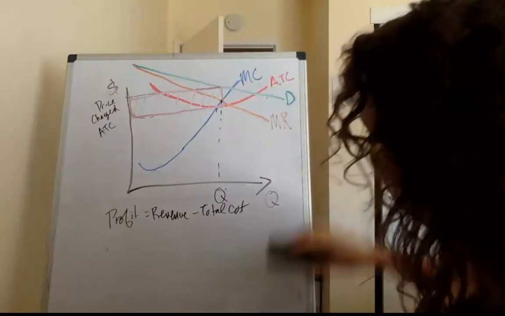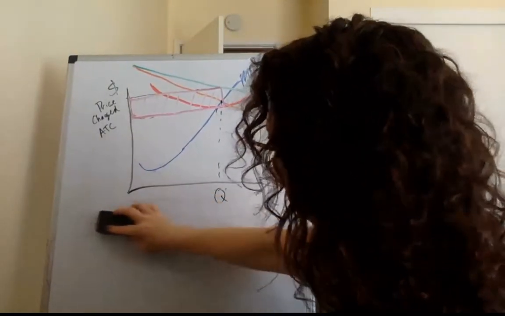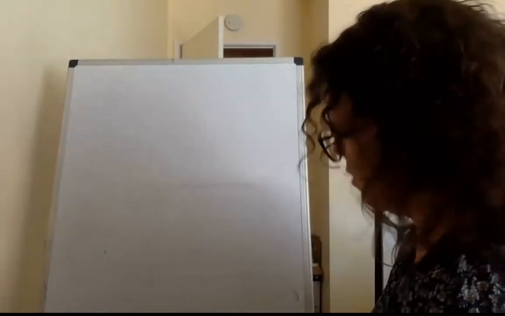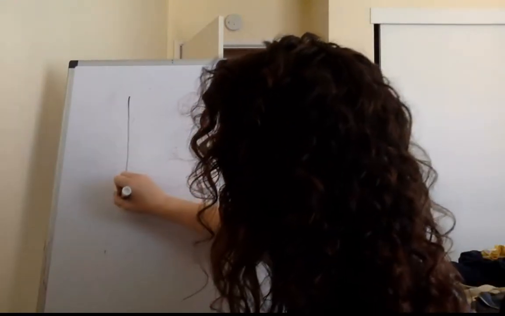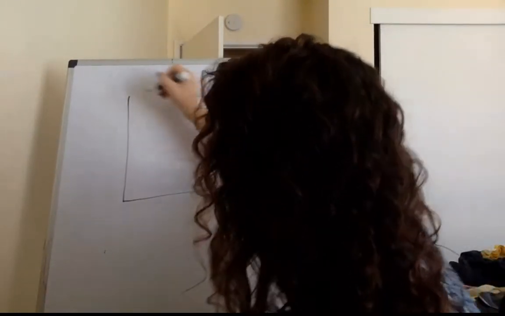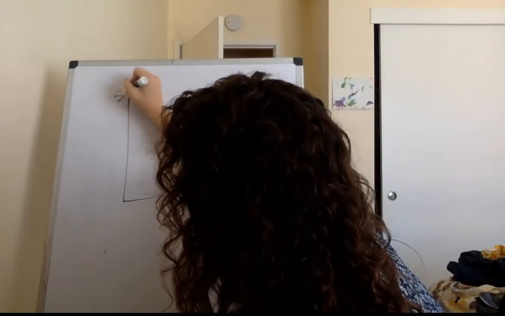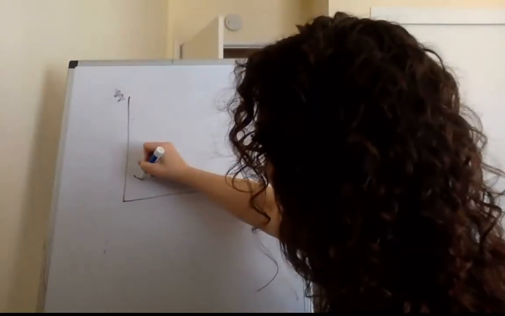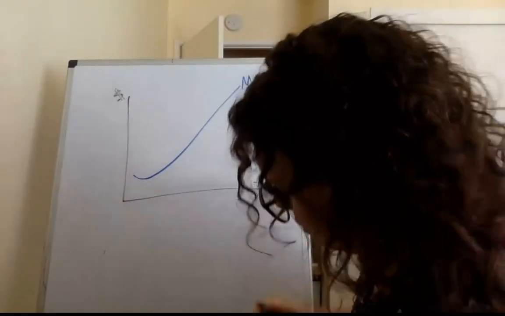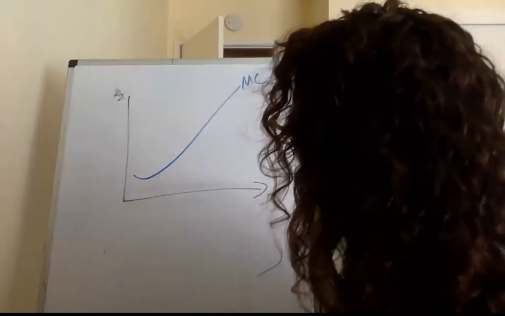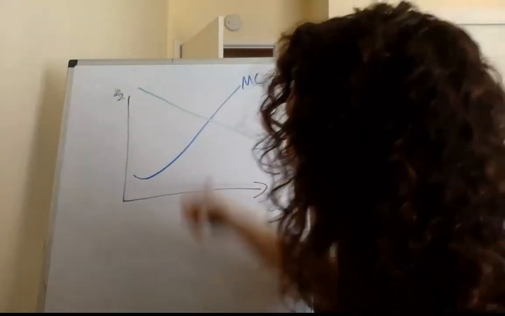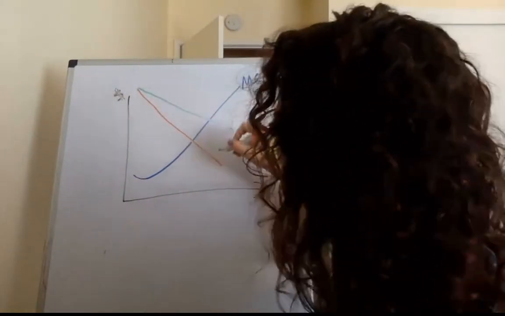One last thing is we want to remember the costs associated with a monopolist. So if I draw this one more time, I've got my marginal cost curve, downward sloping demand, and the marginal revenue curve is always going to be below it.